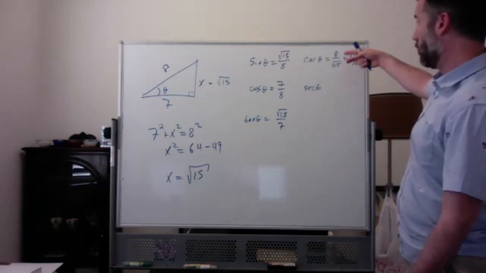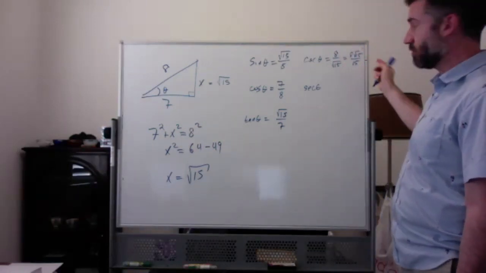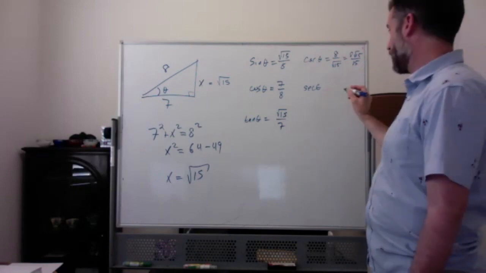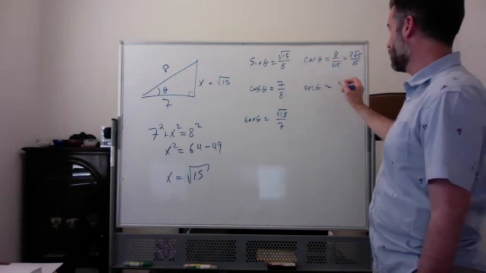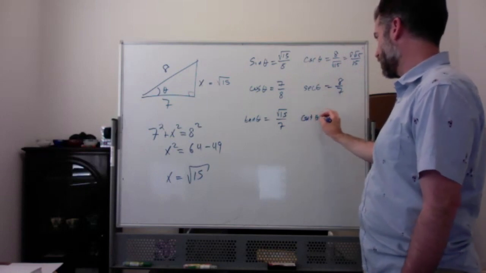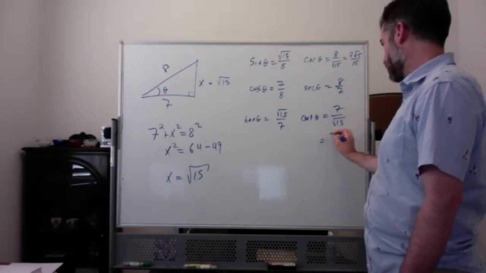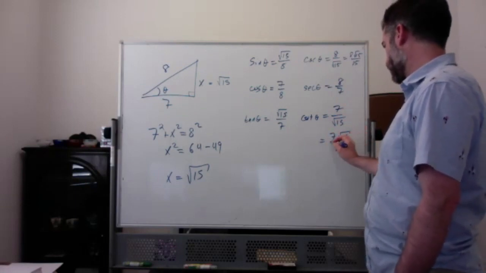So here we multiply by root 15 over root 15 to get 8 root 15 over 15. Secant of theta is 8 over 7. And cotangent of theta is 7 over root 15, which is 7 root 15 over 15.